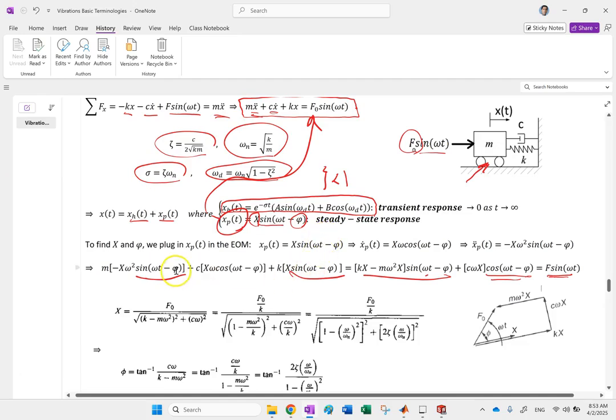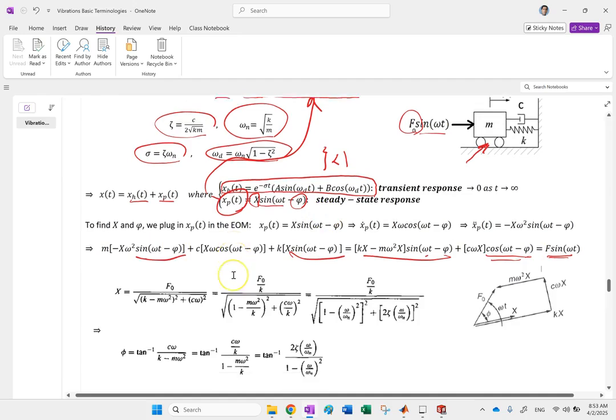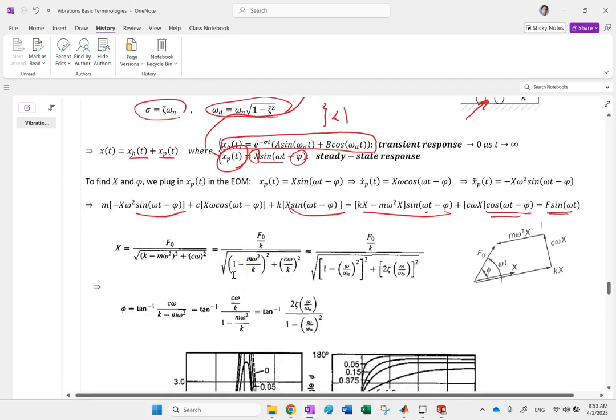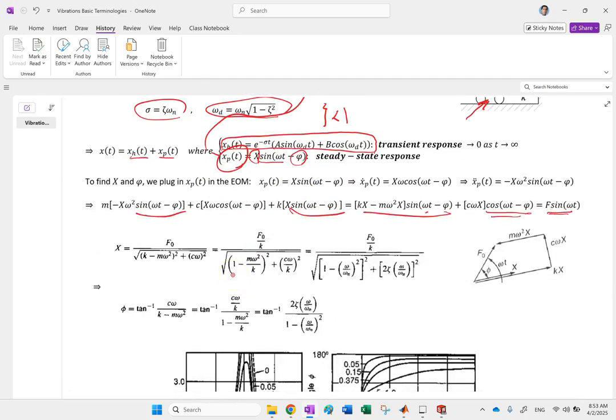Now, you can either use trigonometry equations and find it, or you can use this picture here that shows the system. So here, if you look, this direction, this phase is omega t, right? And the magnitude of it is f naught, then this vector here is actually your forcing function, right? That is this right-hand side that you have.